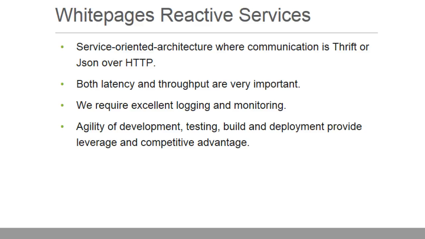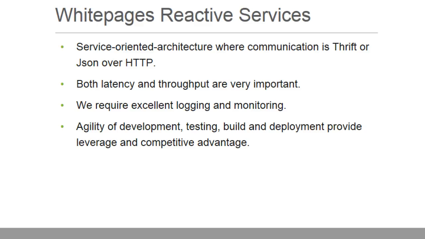Diagnostics: we want to be able to spot problems that may appear and fix them quickly, as well as agility. We want to be able to quickly develop, test, deploy, and repeat this cycle really quickly. And our architecture, the decomposition into services, as well as the choice of tools and languages, Scala in this case, lends itself very well to these goals.